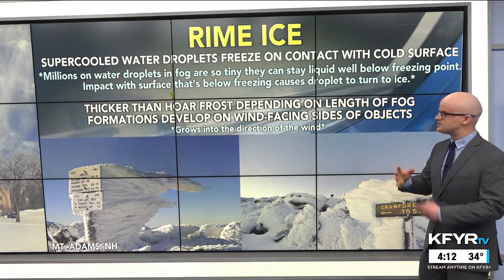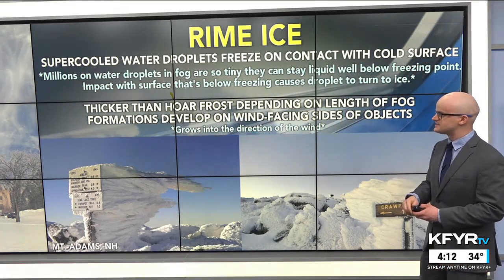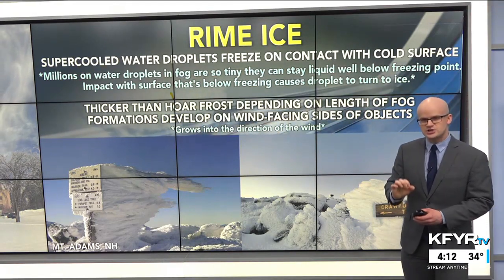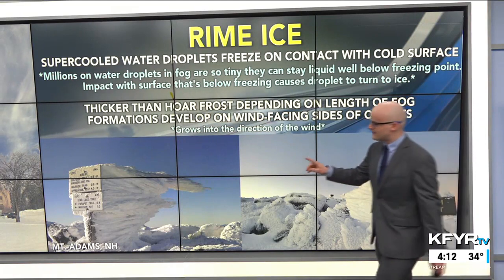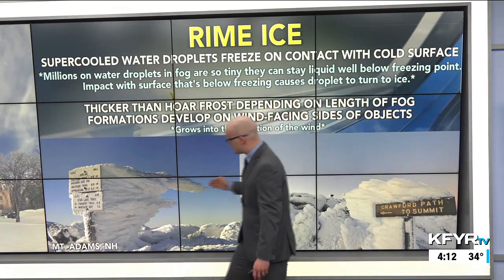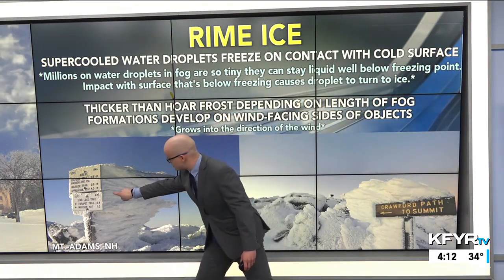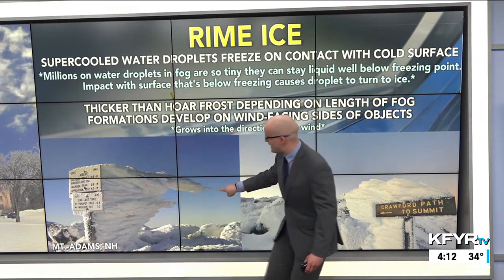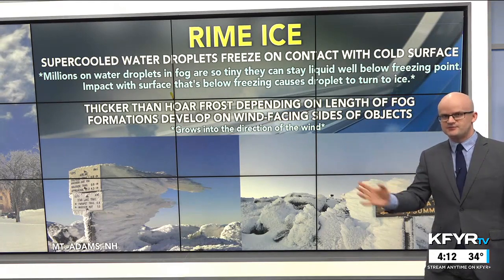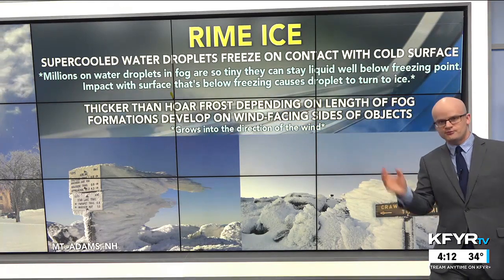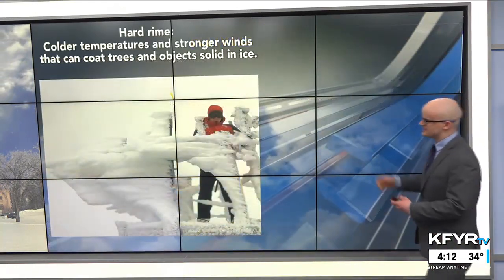The formations develop on the wind-facing sides of objects and grow in the direction of the wind. These are some extreme cases from New Hampshire, Mount Washington and Mount Adams. Envision the wind blowing this direction and building the ice up from the side backwards as more and more of those water droplets in the fog rolling through the area freeze on contact with the surface and then just get built up.